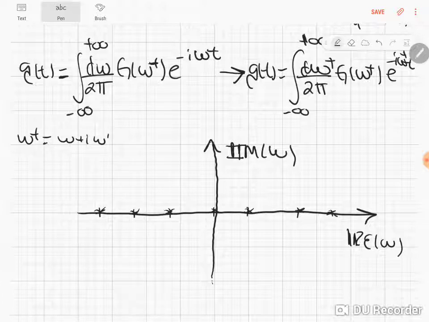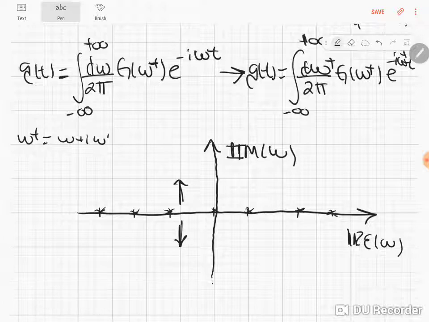This omega prime allows the poles to move away from the real axis. You can move them above or below. That depends on the sign of omega prime.